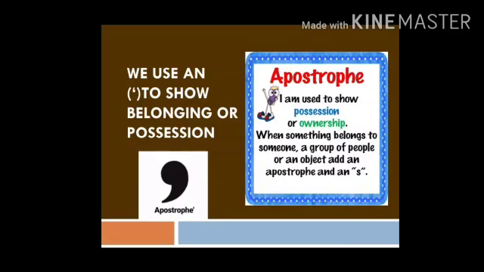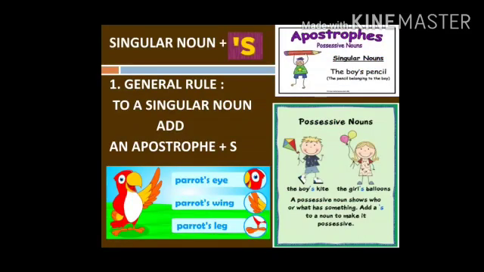The first rule is to use the apostrophe in a singular noun. For a singular noun which is not ending with s, we will just put an apostrophe and an s. Suppose I want to say the eyes of the parrot or the wings of the parrot or the legs of the parrot, I will simply put an apostrophe and an s and write parrot's eyes or parrot's wing or parrot's leg.